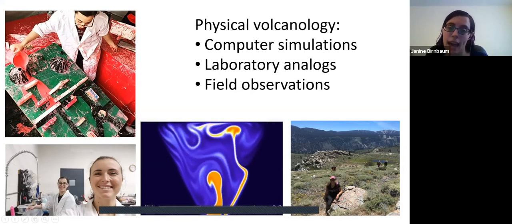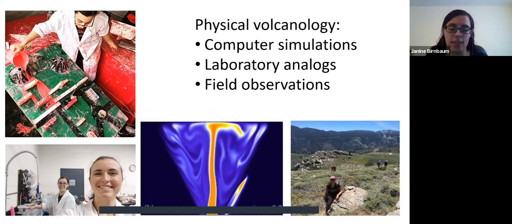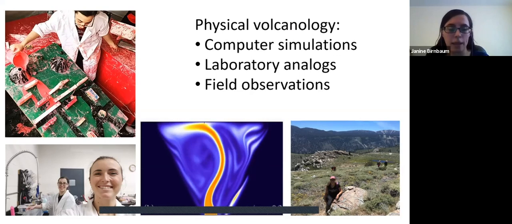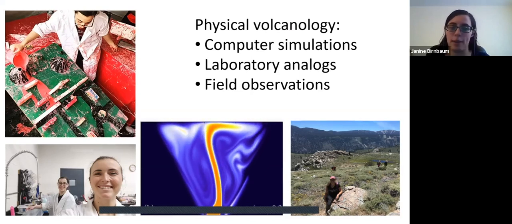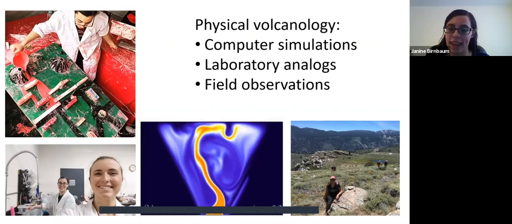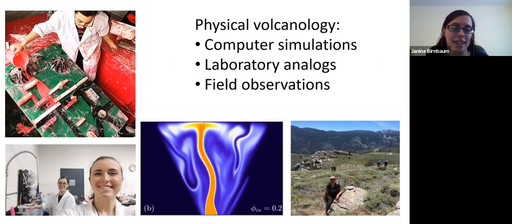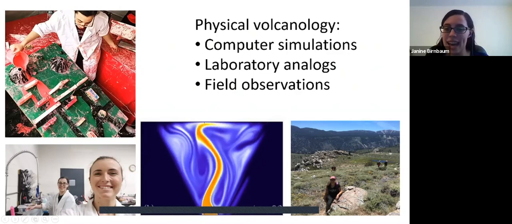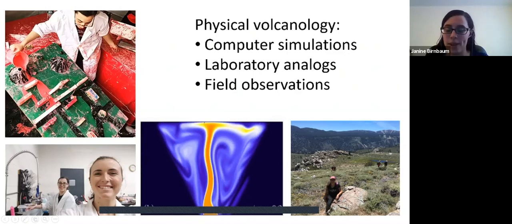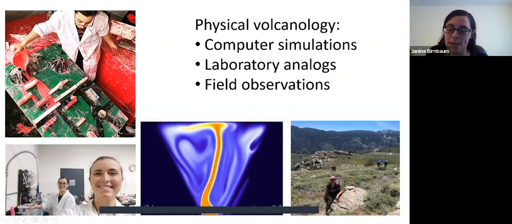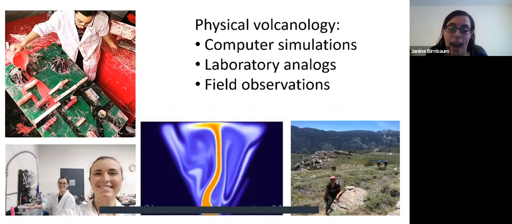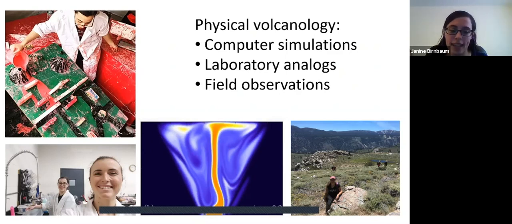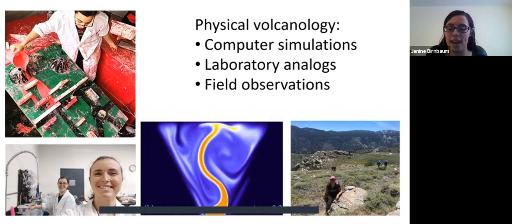Sometimes I work in the lab with what we call analogs, things that behave like miniature volcanoes, since we can't always do experiments at the full scale of a volcano. As you can see, sometimes that ends up getting a little bit messy, but it's a lot of fun. And then I also get to work with field data that people collect at active volcanoes. So we're combining lots of different approaches to try and understand one problem.